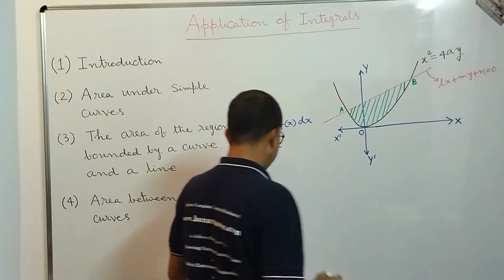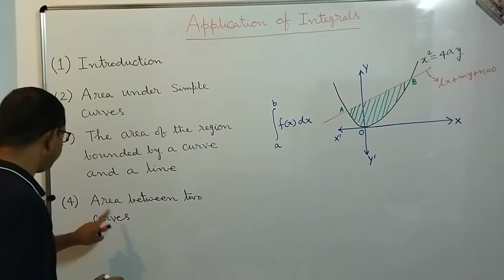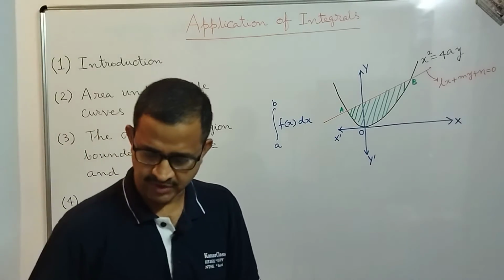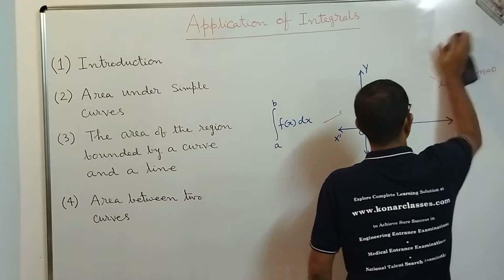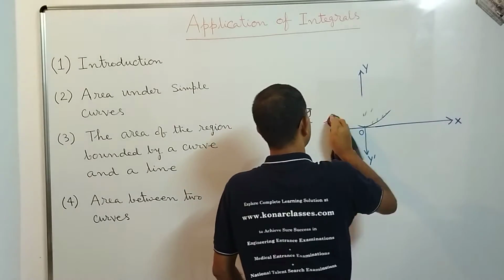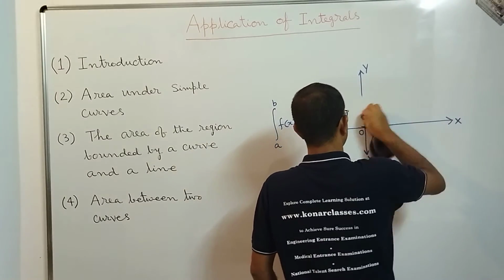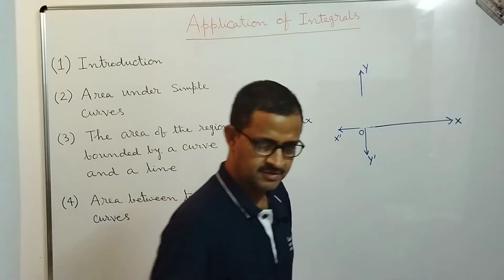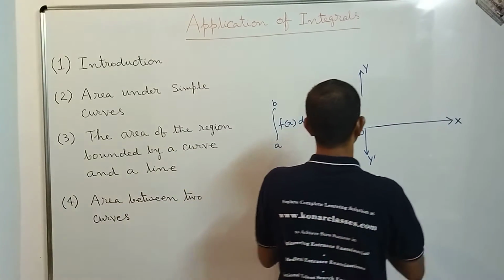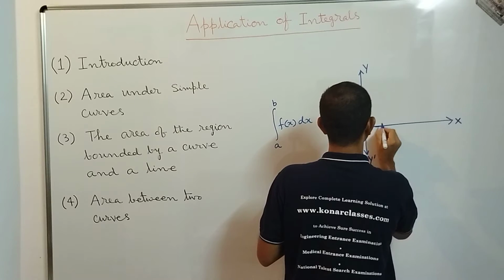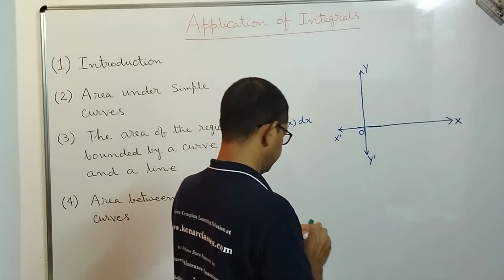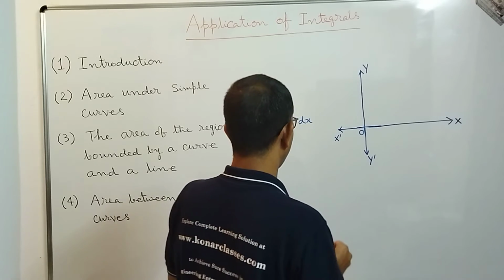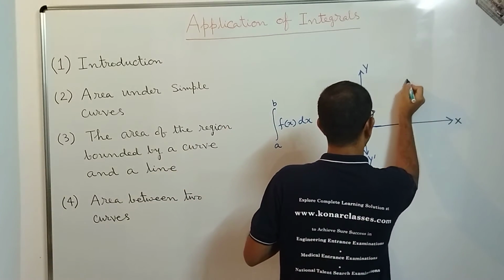Now the third one is the area between two curves. What is that? Let us understand by means of a pictorial diagram. Suppose we have a curve, and we are discussing the parabola now.